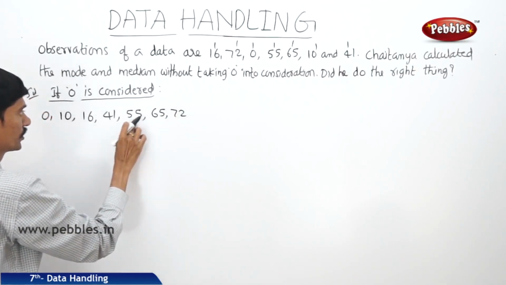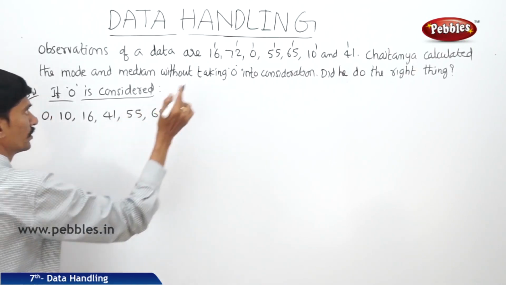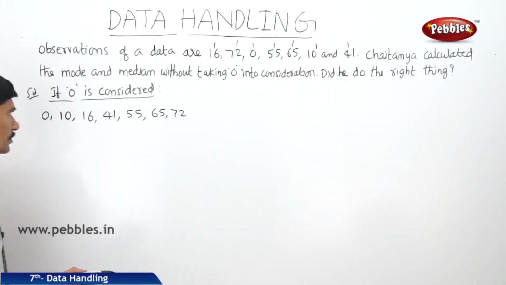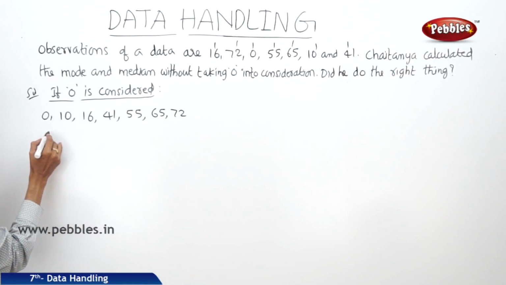So 1, 2, 3, 4, 5, 6, 7. There are 7 observations. So this is the ascending order.